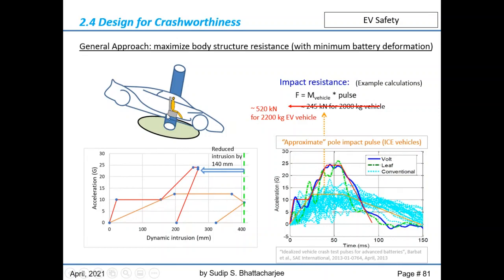The battery system probably cannot live up to that 400 millimeters or 16 inches of deformation happening into the vehicle system. So it tells us that the battery system is limiting how much deformation we can take into the body structure. That means the body structure needs to be much stronger to protect the battery system, and with that the whole vehicle system.